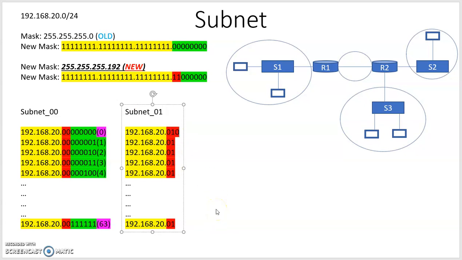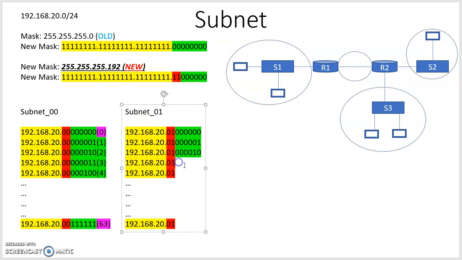So the 6 zeros, that's for the host. Likewise, the next one is 1, that is for the host. Next one is 2, which is 1, 0.